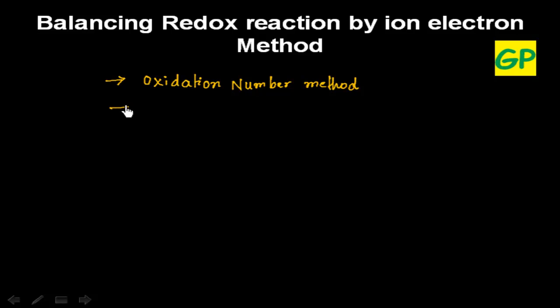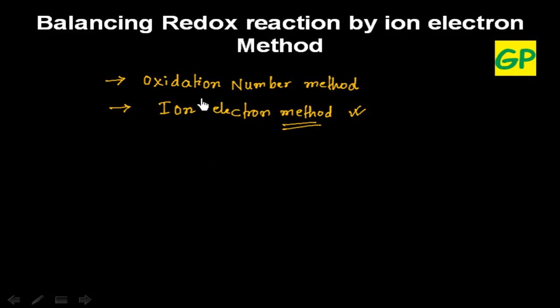Another method we have is called the ion electron method. This method, the ion electron method, is more important, and generally we use it to balance redox reactions. So in this chapter we will be discussing only the ion electron method.